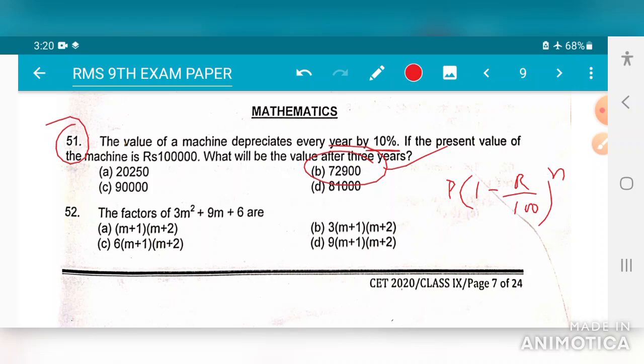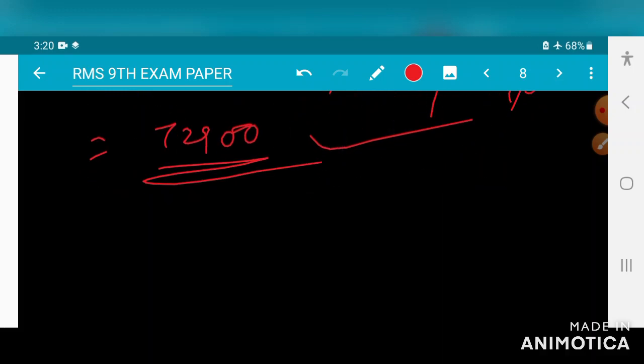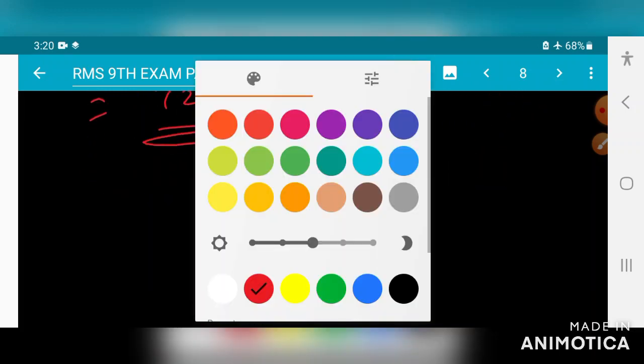Next, question 52. The factors of 3m square plus 9m plus 6. It is very easy. By splitting the middle term, we have to find the factors. Go for the 52 solution.